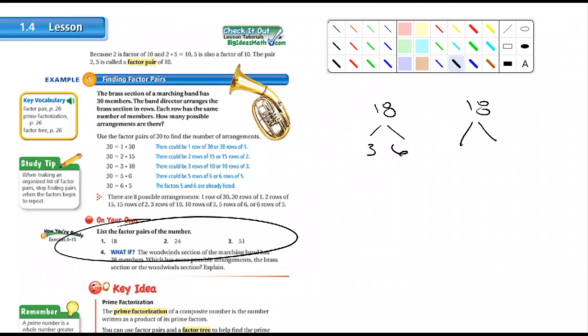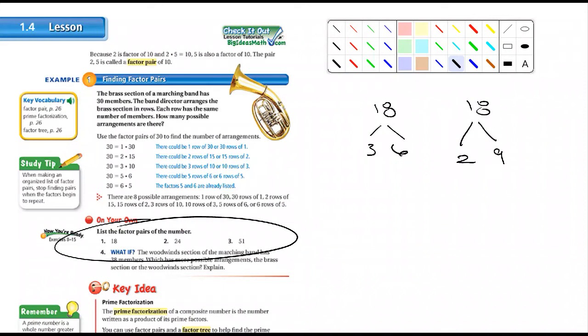Mr. Conyers, what do you think? 10 and 8. So that's adding. We're talking about multiplication. Okay. Miss Werner, what do you think? 2 and 9. 2 and 9 would work.